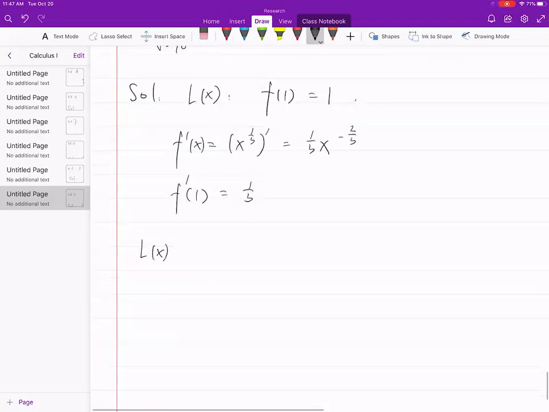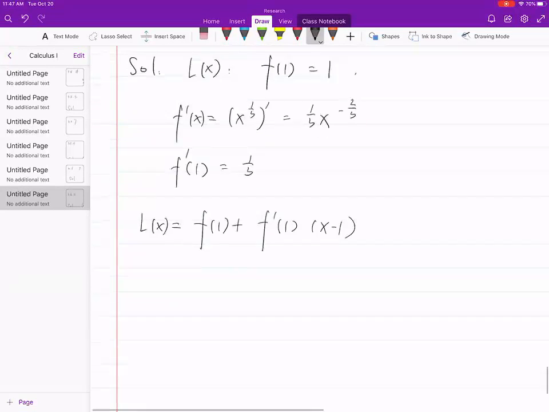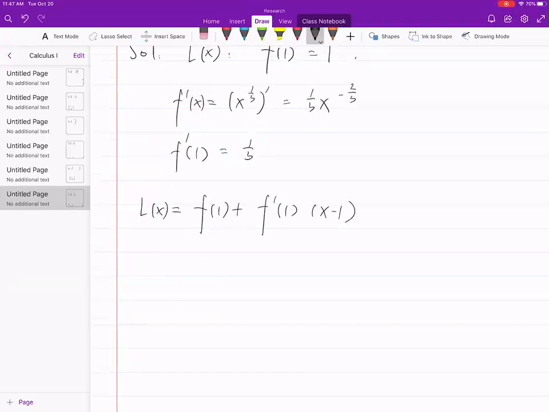Then by the formula, now you know this one only works for 1 locally because you did use the information at 1 for your a. Now let's finish.